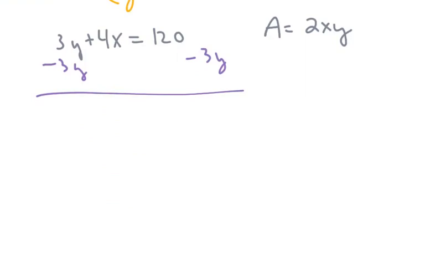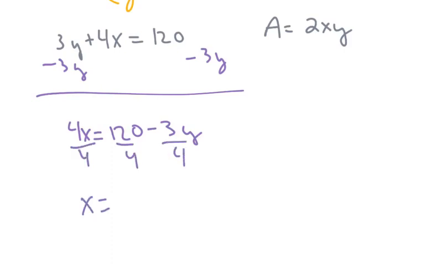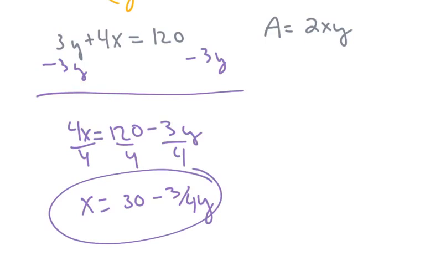So I get 4x equals 120 minus 3y. Divide through by 4. X is equal to, now 120 divided by 4 is 30, so 30 minus 3/4 y. So there's a value of x, and now I can plug it back in there.